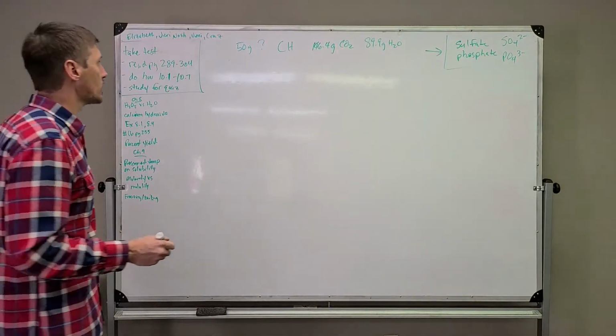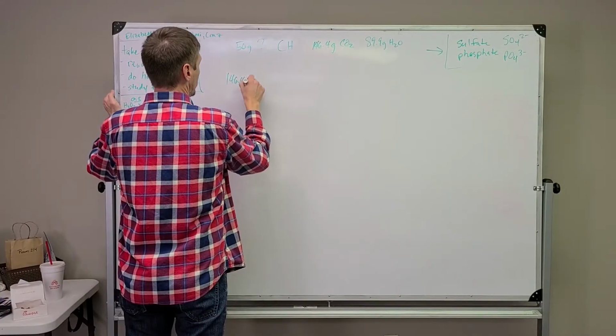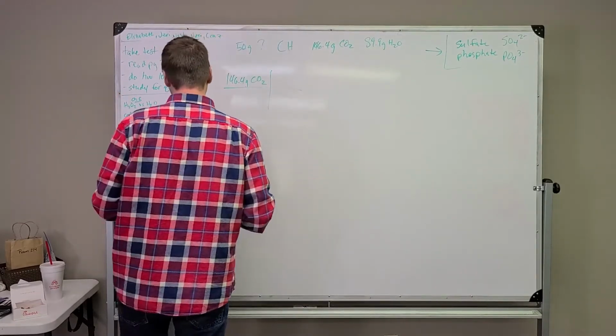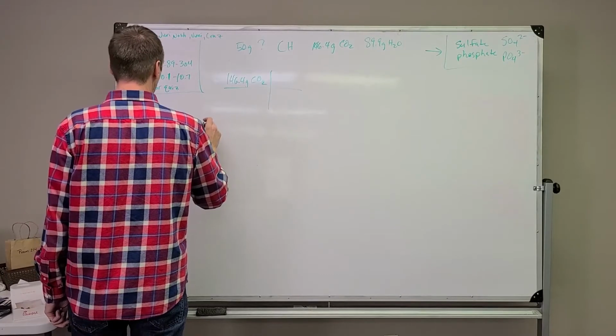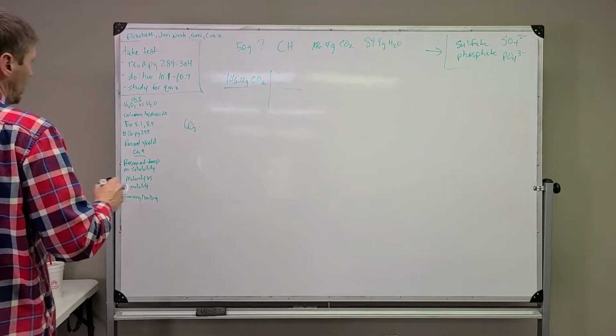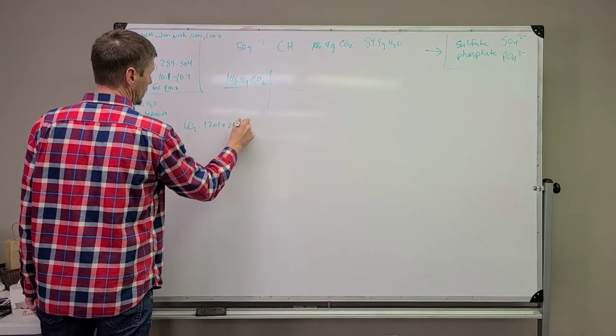So let's start with 146.4 grams of CO2, and let's convert that to moles. CO2 is, C is, what is C? 12.01. 12.01 plus 2 times 16.